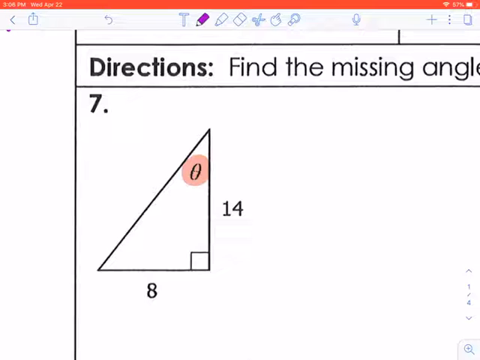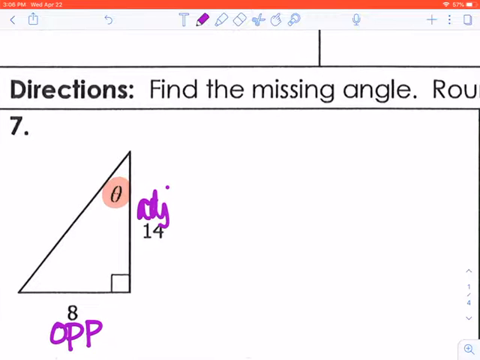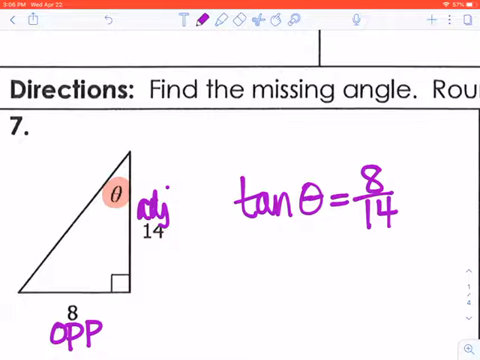But I do know the side opposite theta is this 8, so this is my opposite, and the 14 is my adjacent to the angle, okay? And so opposite and adjacent, that's going to be tangent. So then I have tangent of theta is going to be equal to the opposite 8 over the adjacent 14. Okay, so I've set up an equation, all right?